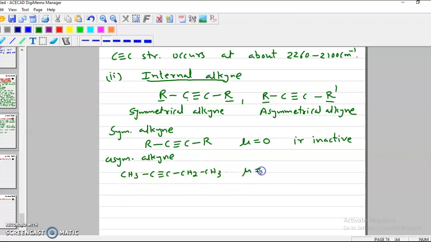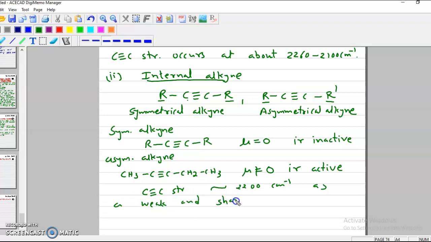Therefore the dipole moment will not be 0, and therefore this molecule is IR active, and you will find C triple bond C stretching nearly at 2200 centimeter inverse as a weak and sharp band.